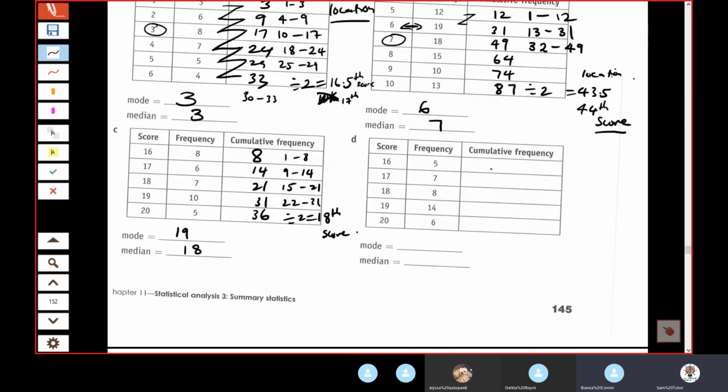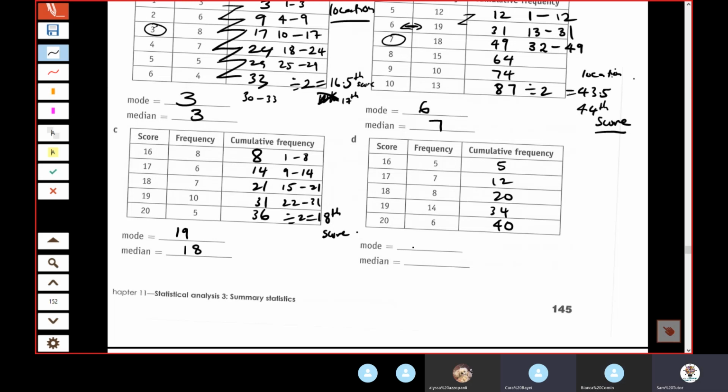Kara, let's do this one as well. Finish it off. 5 plus 7 is 12, 20, 34, 40. Now this one's a really unique one, and you're going to see why in a second. Mode, what's the mode, Kara? One sec, my calculator hasn't been working.